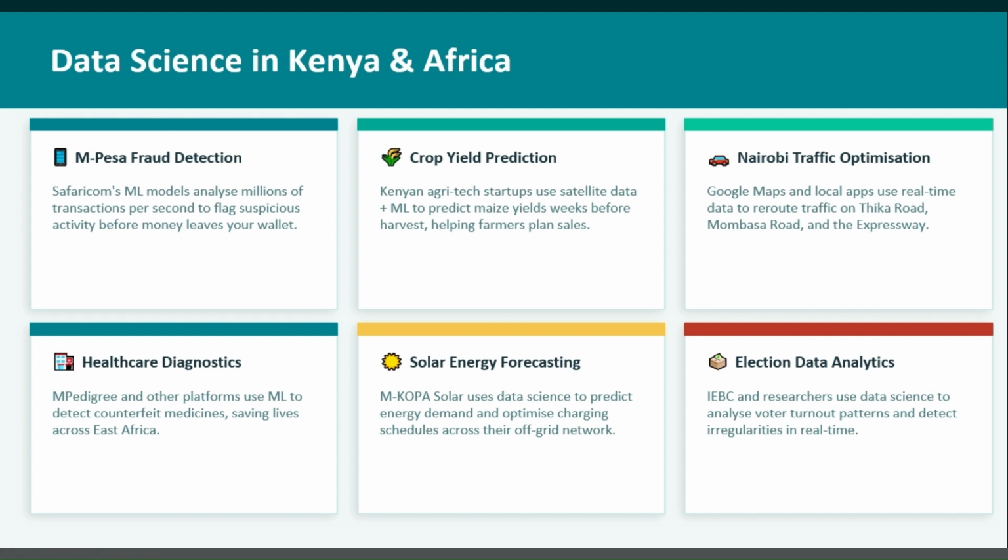One I want to discuss is election data analytics. Next year, 2027, we'll have an election, and we have just concluded voter registration, around April or May. The IEBC officials know which counties or regions registered a lot of people.